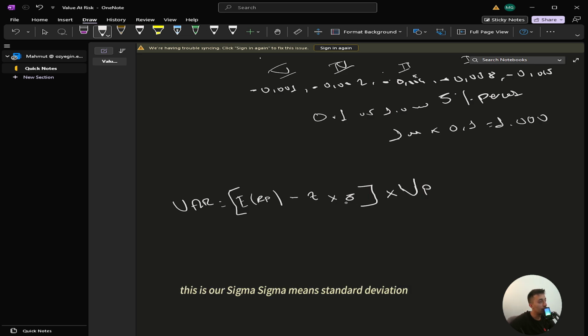Sigma means standard deviation, and this is the z score. And this is our expected return, guys. Expected return. And this z value means z score. Sorry, guys, I'm really bad. Z score, and then this is our standard deviation. But note that this is really important. I already told you one time.